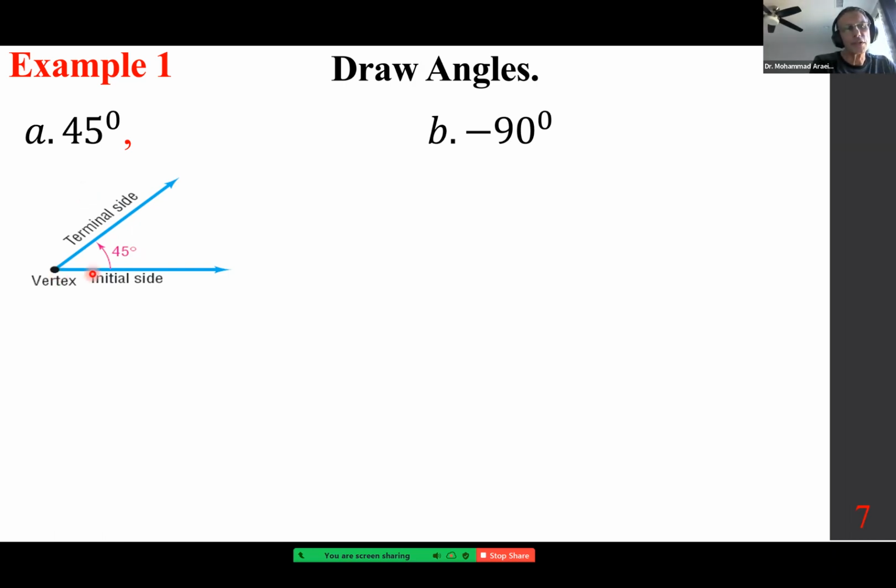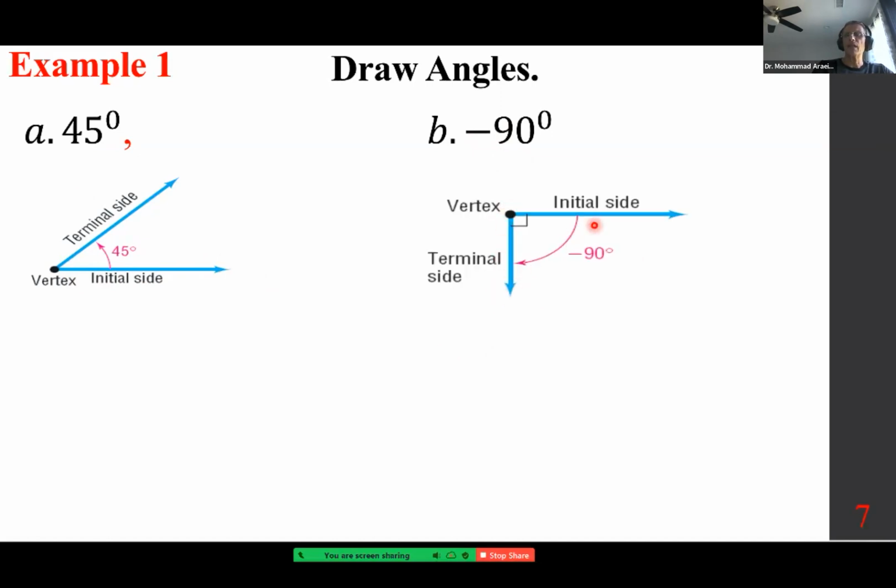So vertex, initial side along the x-axis, and then 45 degrees. Now, this has a negative sign. So again, we have the same initial side, and because it's 90 degrees and then negative, you go down and it gives you the terminal side.